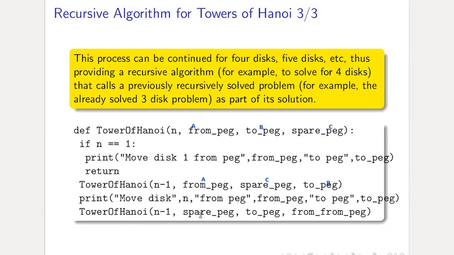And once I have done that, now all my disks are in the spare peg C. So I want to now move the disks which are on C to B, which is the original goal I have, using now A as the spare one.